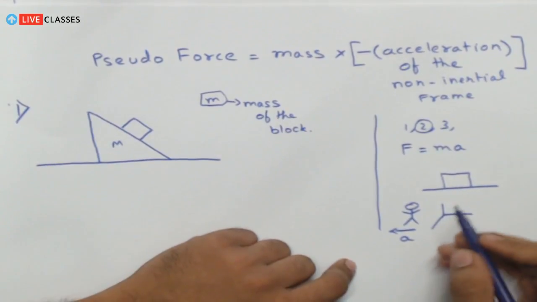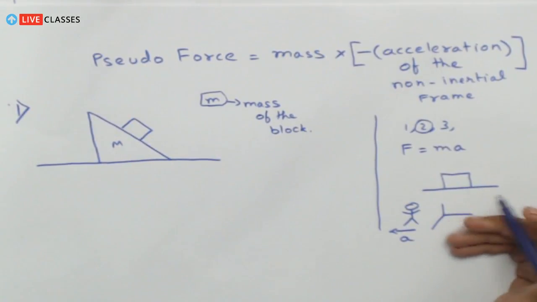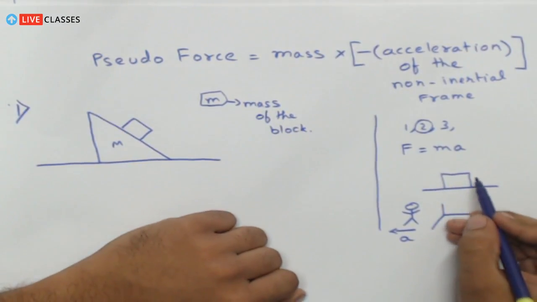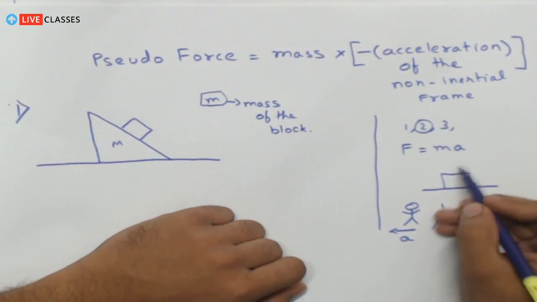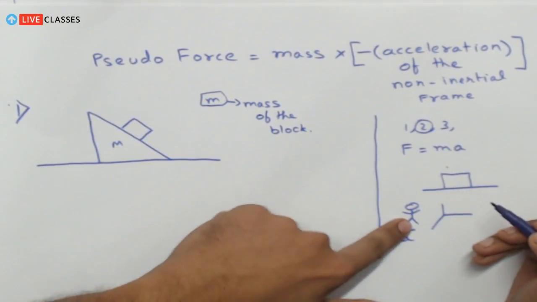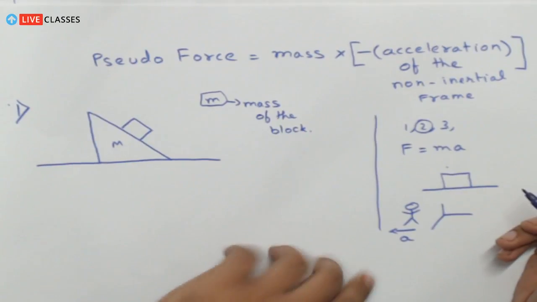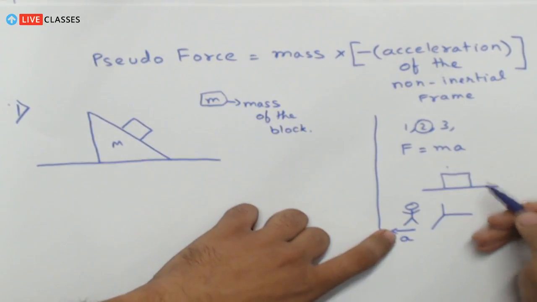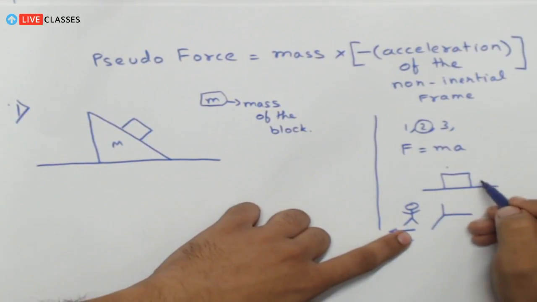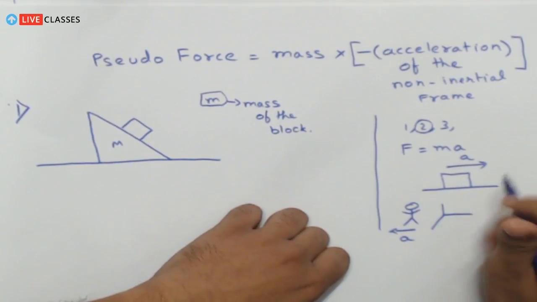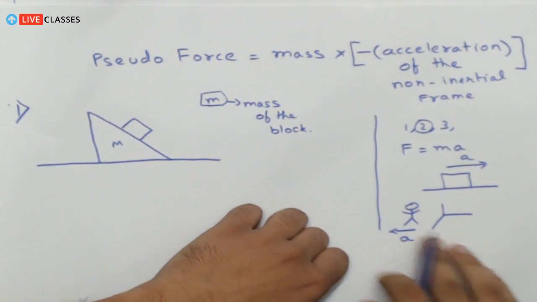So when the man sees the block, what will he see? He will see that the block has an acceleration of magnitude a in the opposite direction, as you have seen in relative motion in kinematics. With respect to the man, the block is moving with an acceleration of a. So here comes pseudo force.